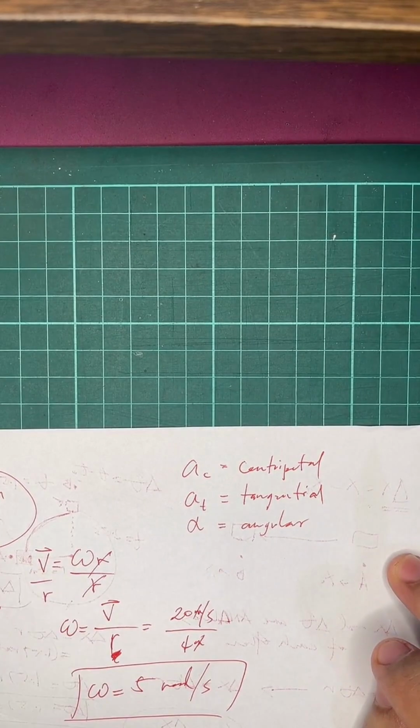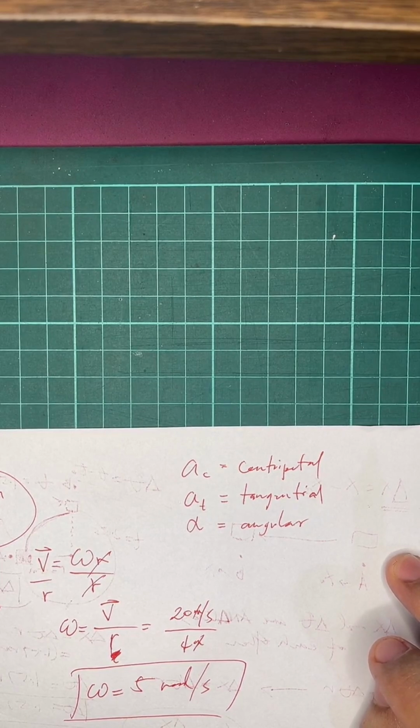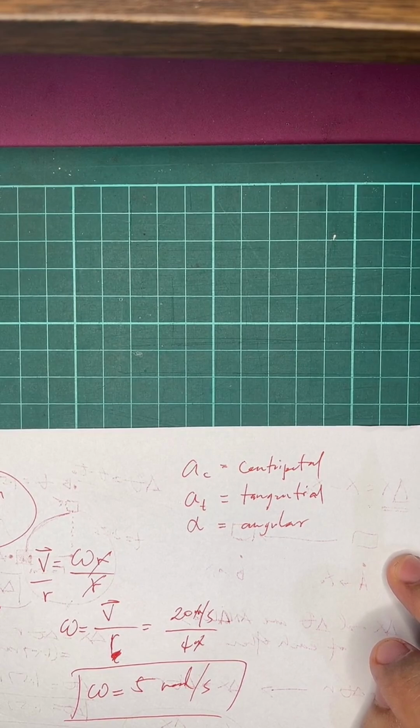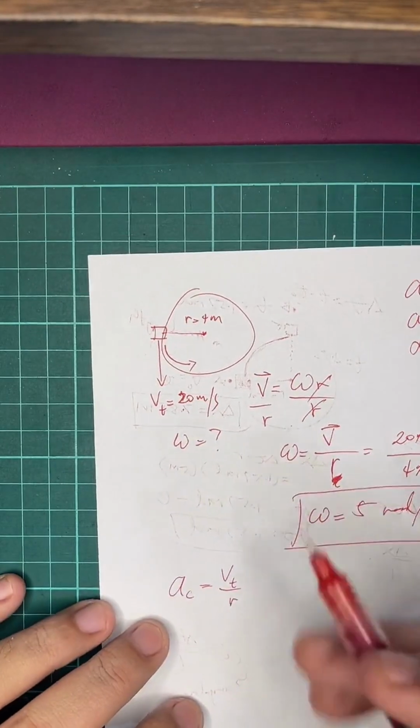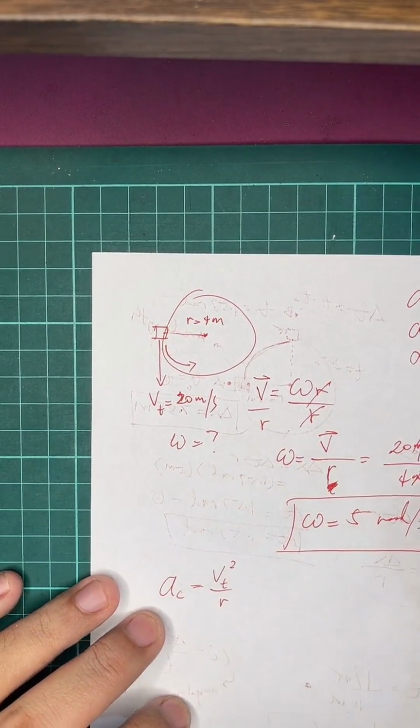There are certain ways to determine the acceleration of an object moving in a circular path. Take, for example, centripetal acceleration. So we have tangential velocity squared over r.